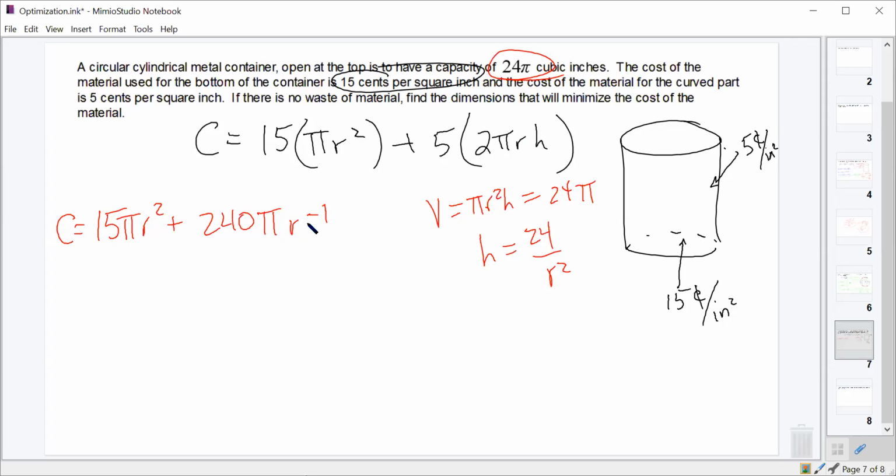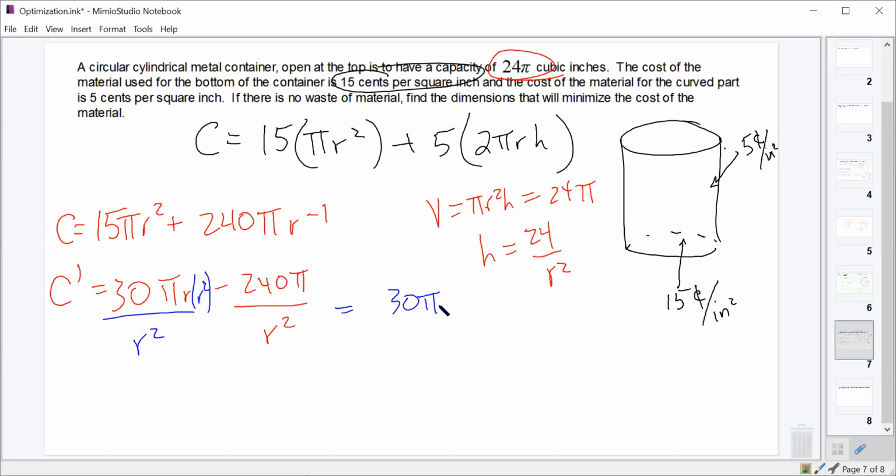Everybody good with that cost equation? Yeah. All right, so C prime should be 30 pi r minus 240 pi r to the negative 2. And if we want to get a common denominator, that'll make life a bit easier. 30 pi r cubed minus 240 pi over r squared.